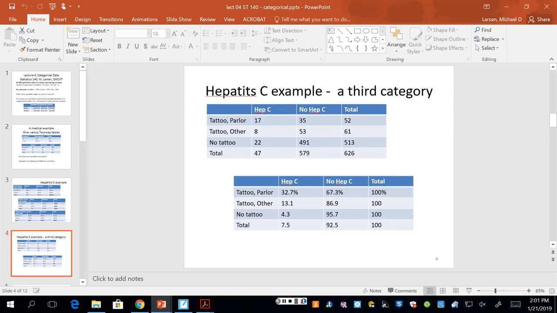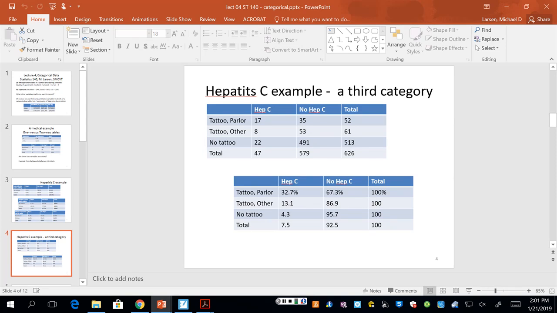What's the difference? The tattoo parlors or others, doing it at home or having a friend do it or something, have about the same denominator, 52 or 61, but the tattoo parlors have more hepatitis C. If you convert it to percentages, 100% going across the rows, then it's a little more clear right away that there's a bigger risk in those tattoo parlors.